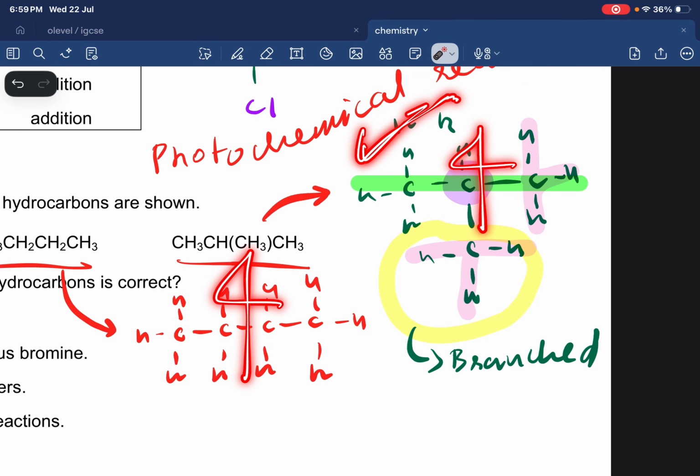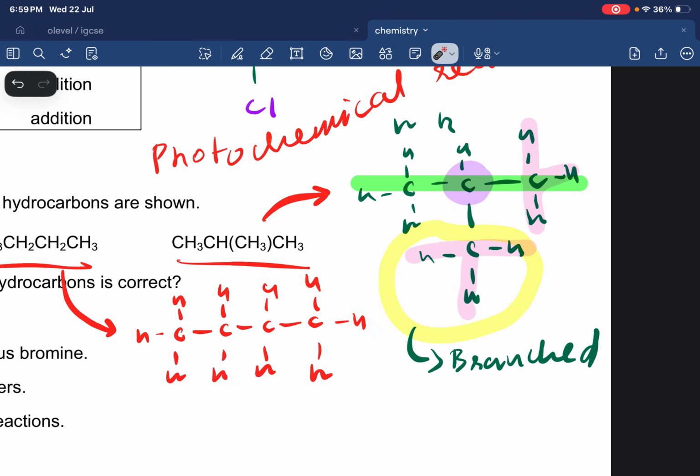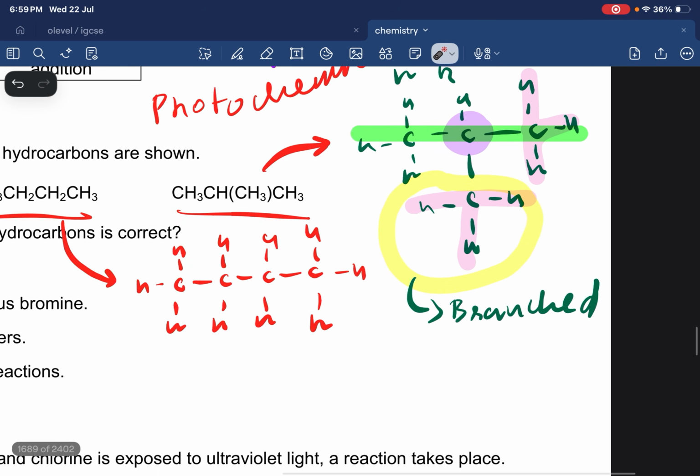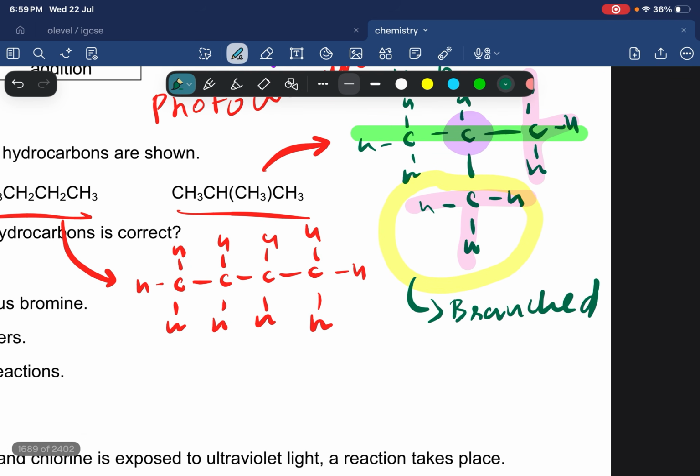Branched hydrocarbons have a lower boiling point and melting point than the straight chain ones. Always remember, if the conditions are the same and they belong to the same homologous series, with the only difference being the structural isomer, the branched ones are going to have lower values.